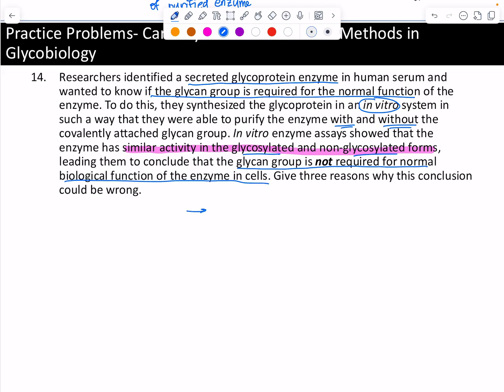So perhaps the glycan group is required for getting the enzyme into a compartment, kind of like the lysosome one, right? All right, so perhaps it's required for locating the enzyme in an organelle, okay?